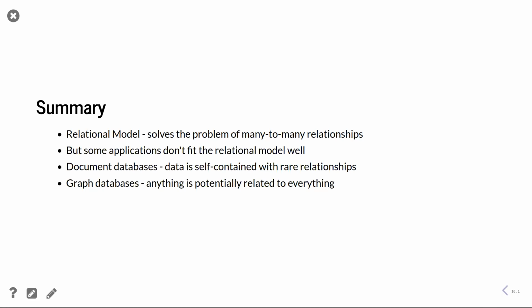In document databases, data is self-contained with rare relationships with each other. And graph databases are the other extreme of document databases. So relational models are in the middle. Document databases: no relationships. Graph databases: anything is potentially related to everything.